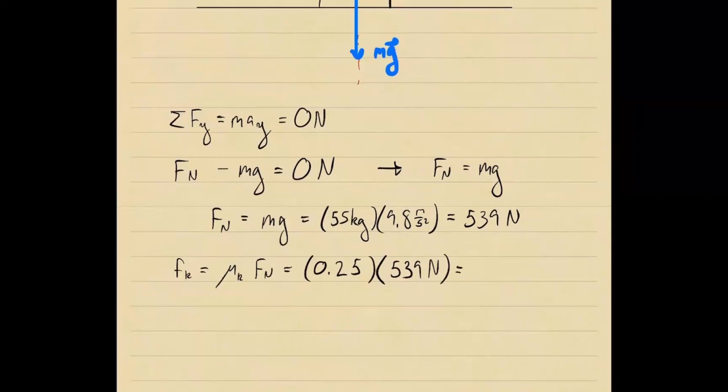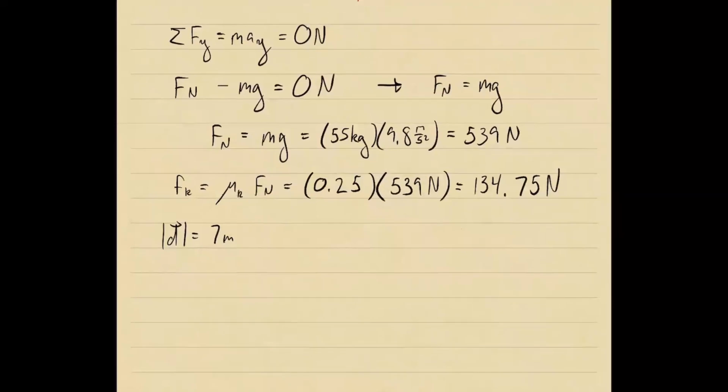So multiplying those two things together, we get a kinetic frictional force magnitude of 134.75 newtons. Okay. So we also know that finally the magnitude of our displacement is 7 meters.